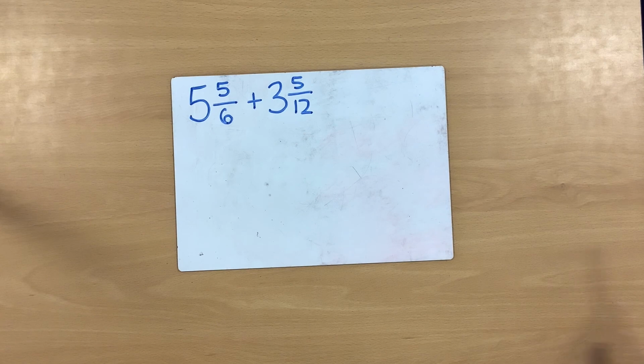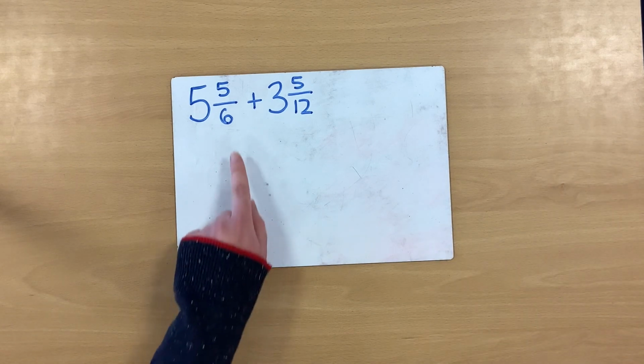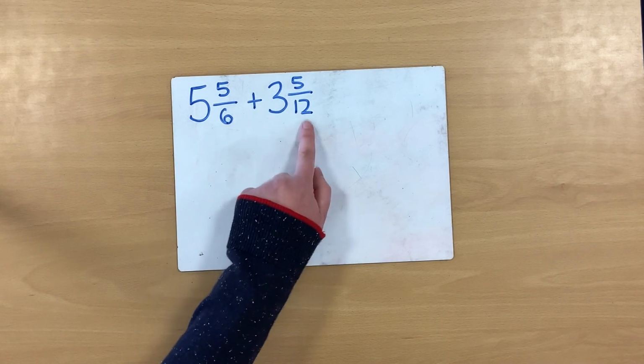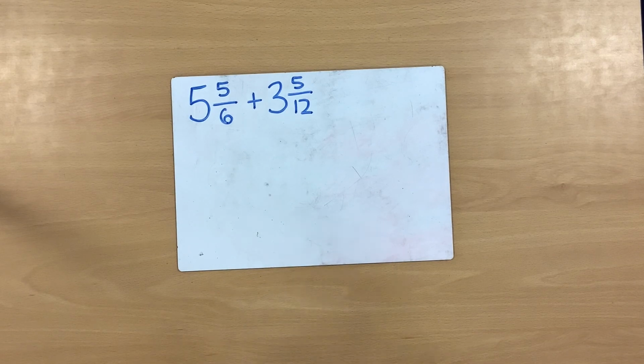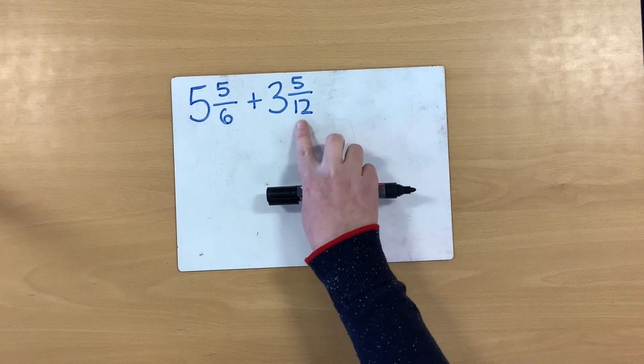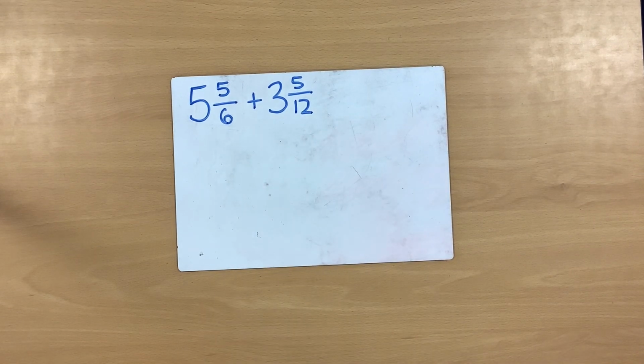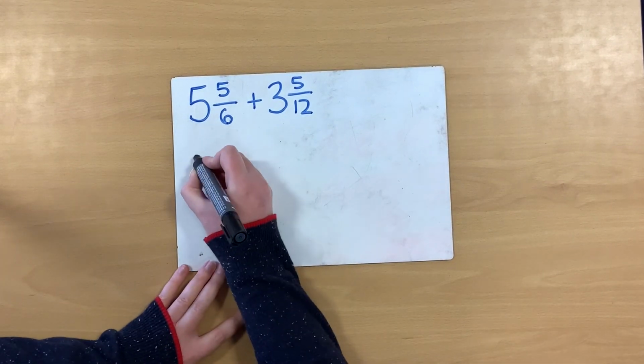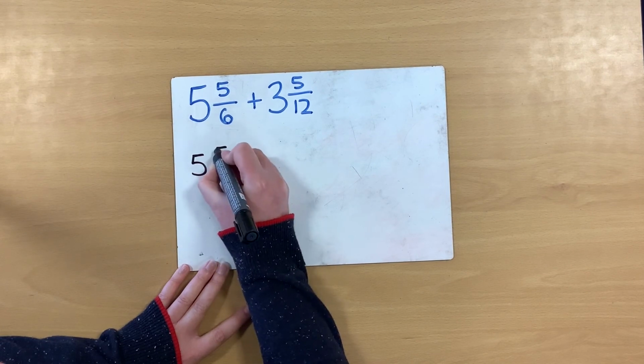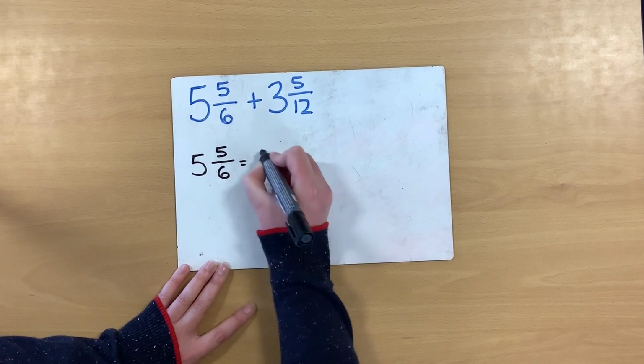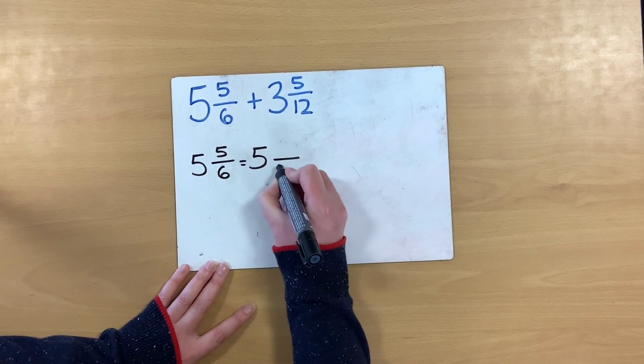Right, let's see how you got on. So, looking at my denominators, I've got 6 and 12. Hopefully you noticed that the lowest common multiple is 12, so this fraction we don't need to convert. Hopefully you have then converted 5 5/6 into 12ths.